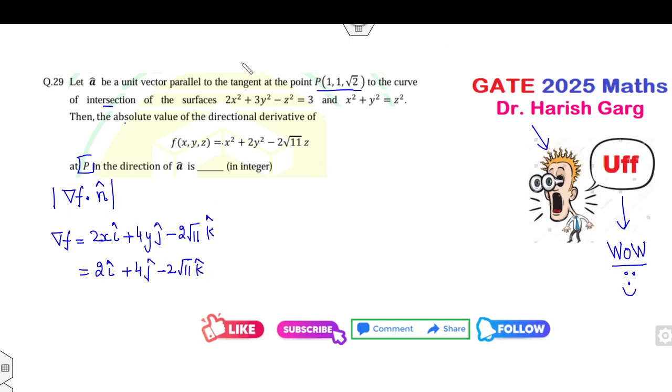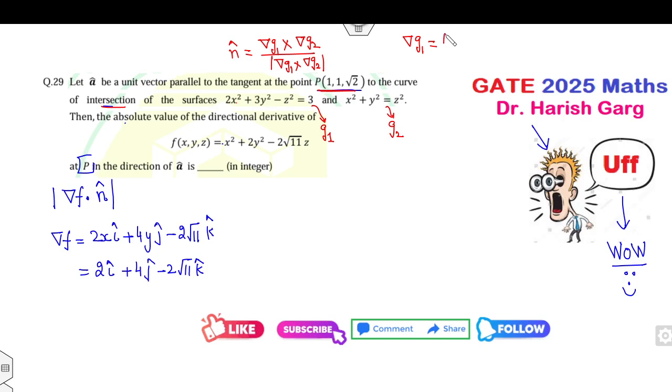How can you find the unit vector n? What is given to you? This is the intersection of the surfaces. So I consider this surface as G1 and this surface as G2. So can you find the unit vector? Yes, it is the gradient divided by its magnitude. Fine. So can you find the del of G1 at the point P?